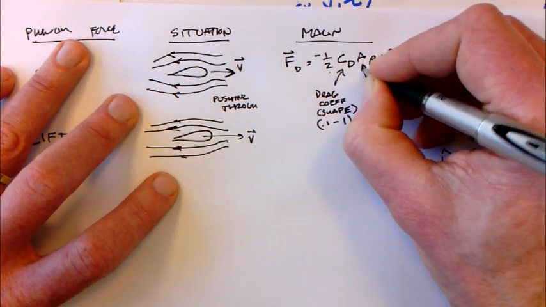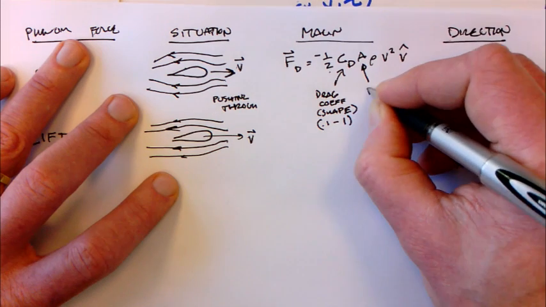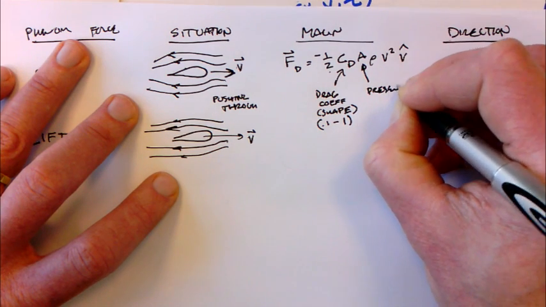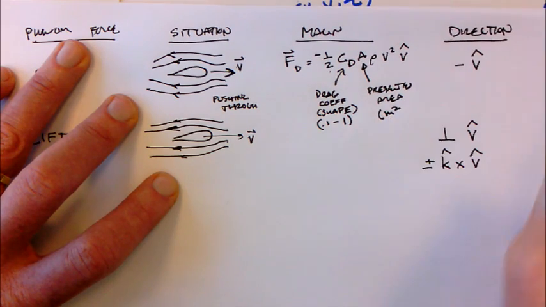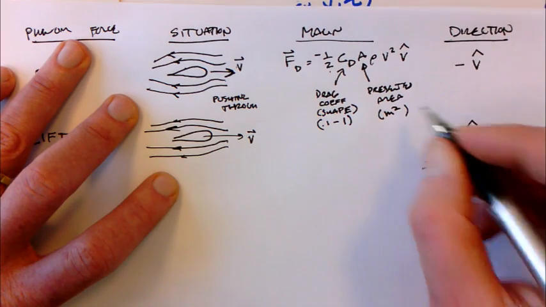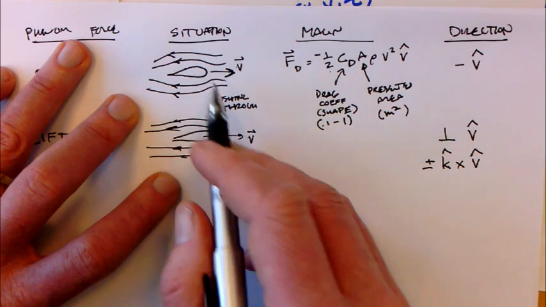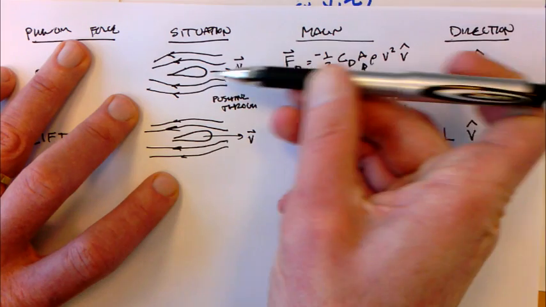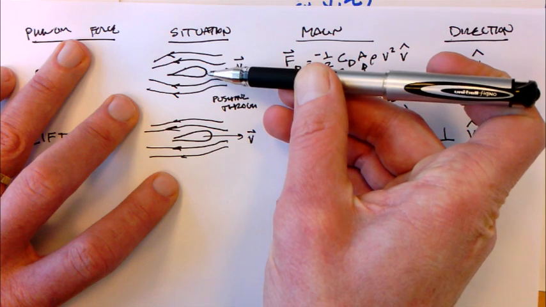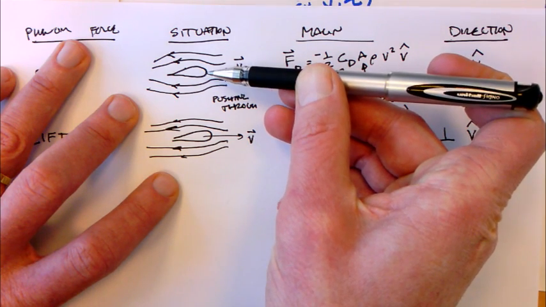A here is the cross-sectional area, so it's the presented area. You'll notice that is going to have units of meters squared. And when I say the presented area, what you're asking is, if you were to look at this object head on, along this velocity vector, what's the area that you would see in that direction?